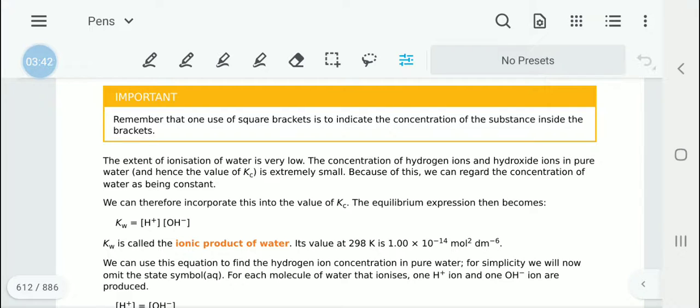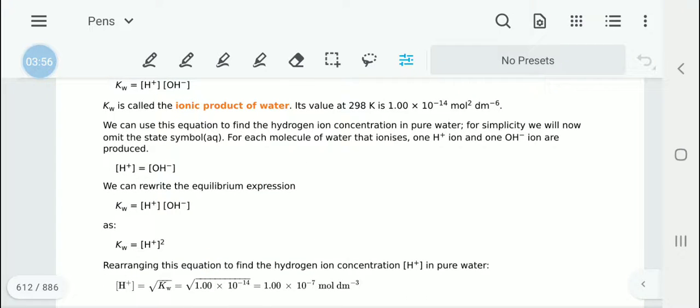It is 1 into 10 to the power minus 14 mole squared dm minus 6. So we use this ionic product of water to find the pH values of different things, and this is actually quite important for us in other calculations.